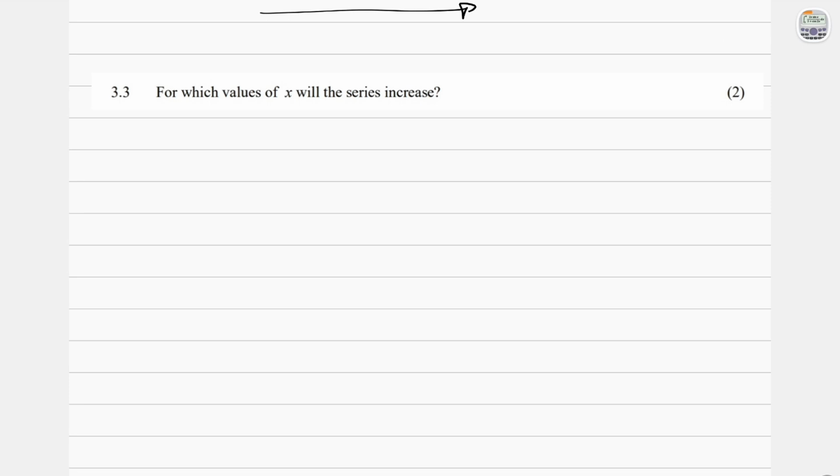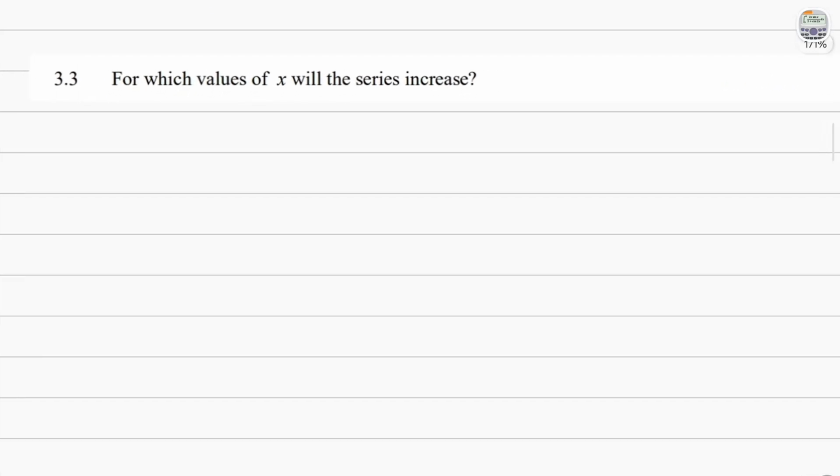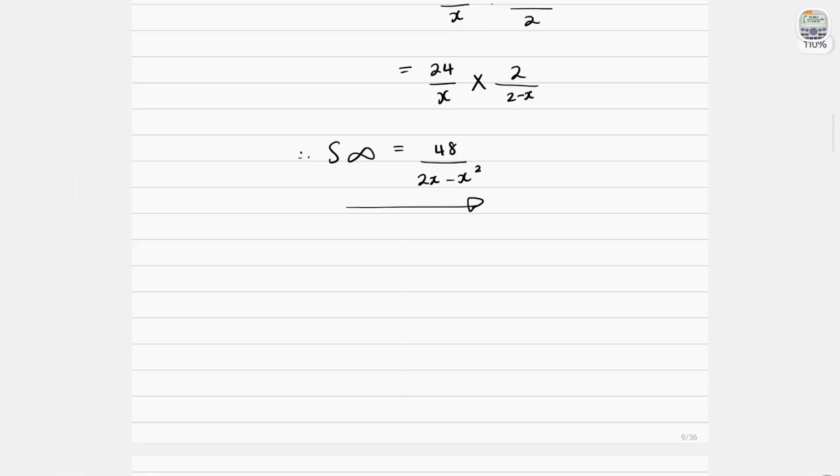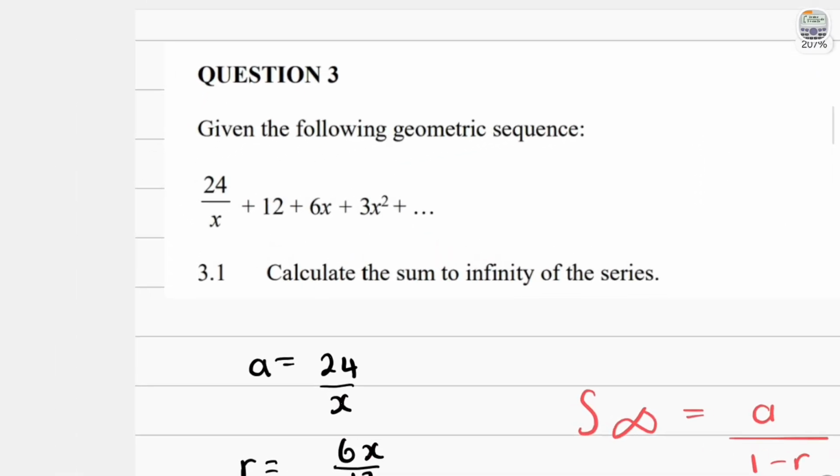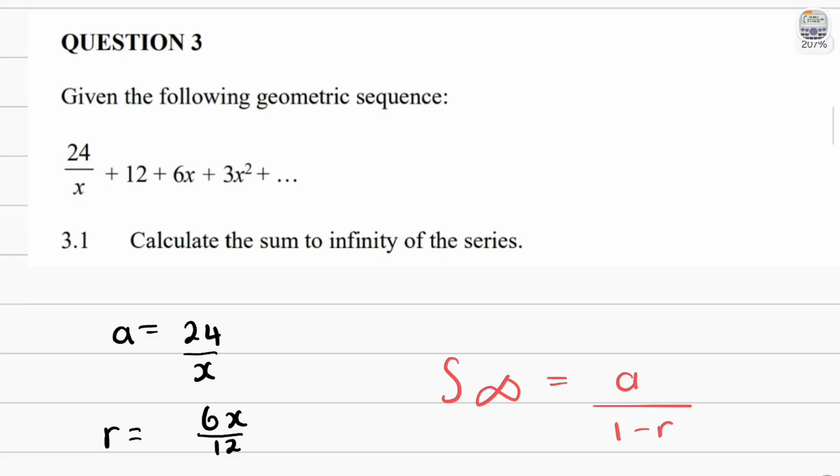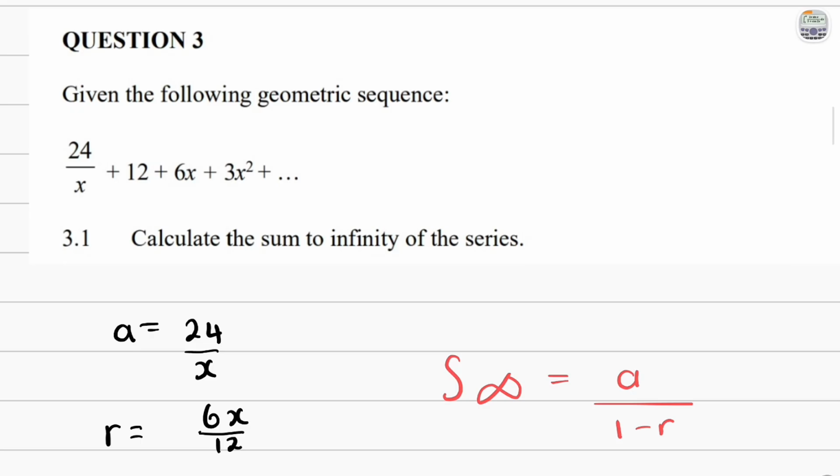Question 3.3 says, for which values of x will the series increase? Let's take a look at our series and see what it's doing. We have 24 over x, 12, 6x, 3x squared, plus, and then we just keep going. We need to find the values of x for which it will increase. What controls the next term that we keep getting, every consecutive term?